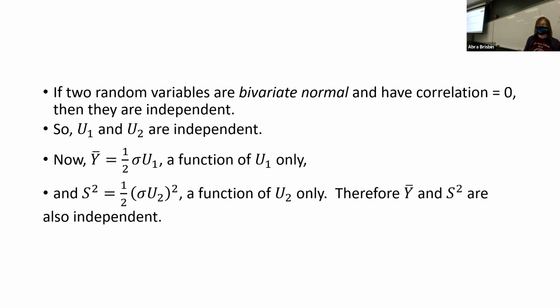And now we can write Y bar as 1/2 sigma U1. So that's a function of U1 by itself. And we can write S squared as 1/2 times sigma U2 quantity squared. That's a function of U2 by itself.